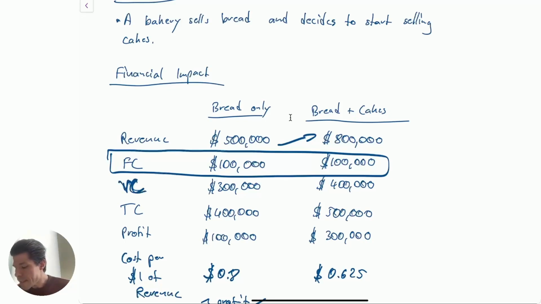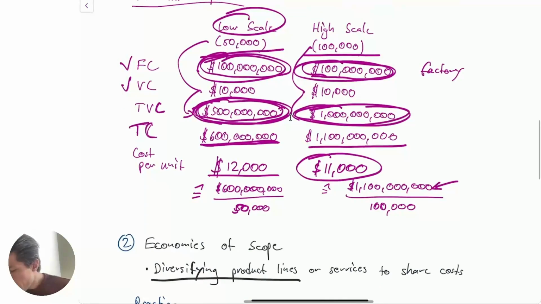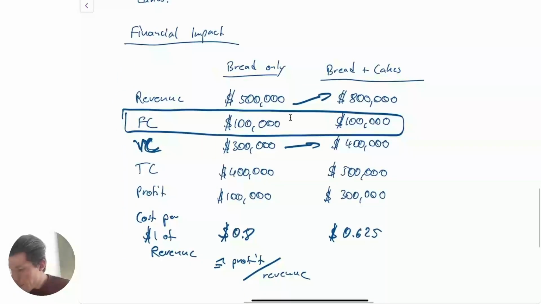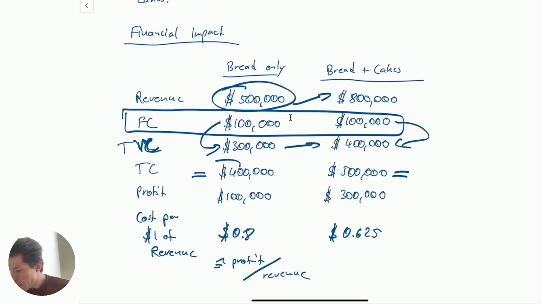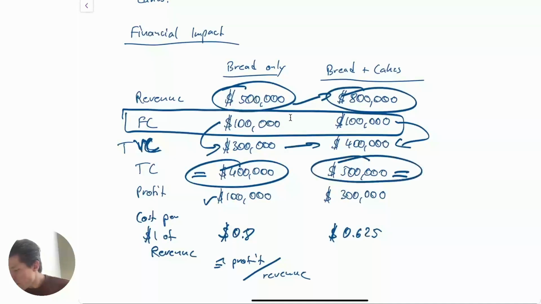It's total variable cost, because we are selling more products and producing more. It's similar to what we had before as total variable cost. So then our total cost is 100,000 plus 300,000, which is 400,000, and here 100,000 plus 400,000 equals 500,000. And then profit: revenue 500 minus 400 gives you 100. 800 minus 500 gives you 300.